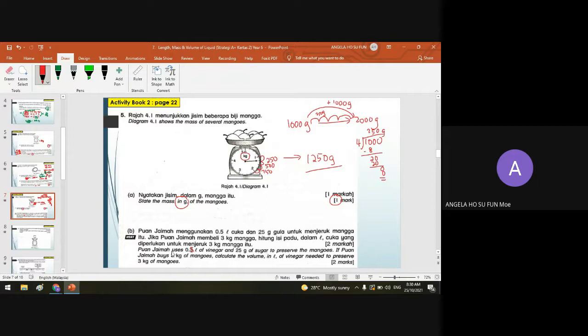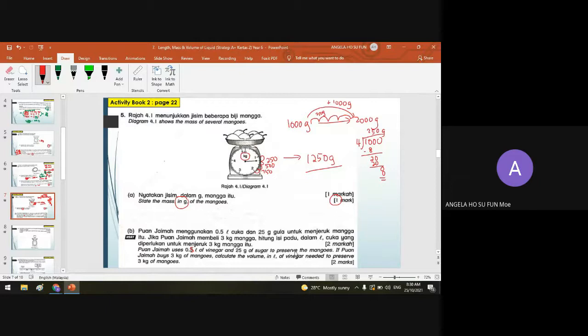So she uses 0.5 liter of vinegar and 25 gram of sugar to preserve the mangoes. These 5 mangoes total 1,250 gram. After cutting them into small pieces, she used 0.5 liter of vinegar and 25 gram of sugar.